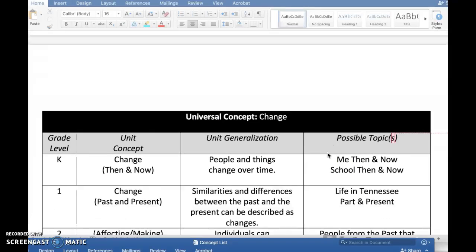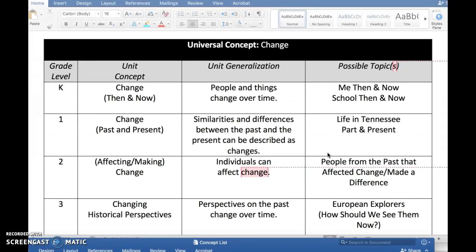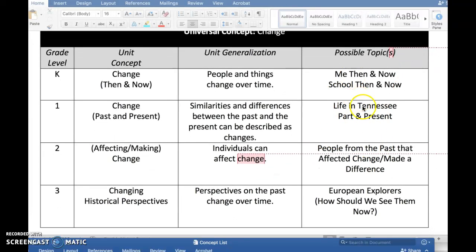And then finally, I drafted another possibility around the universal concept of change, building off of some of the historical inquiry skills. The topics are somewhat suggested by the standards.